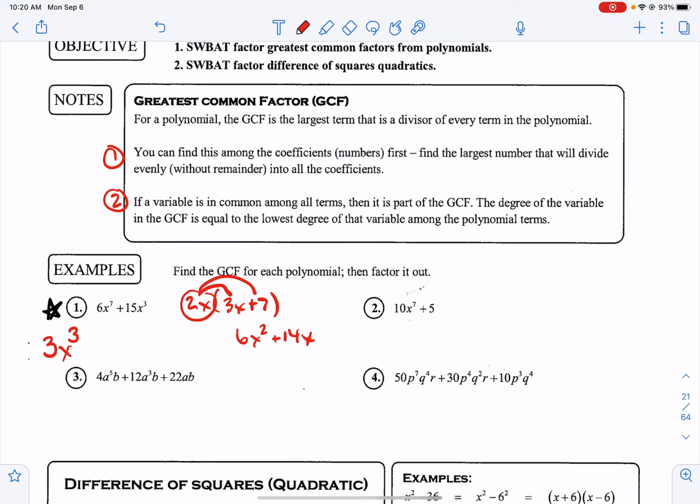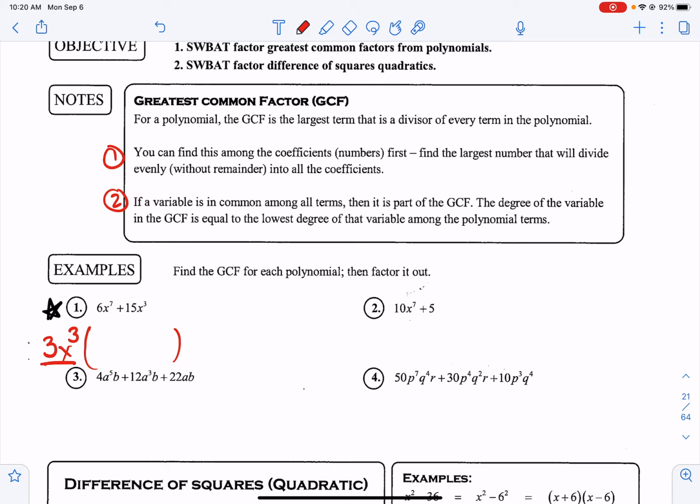Well, now we are starting with the 6x squared plus 14x, and we are trying to go backwards. We are trying to undistribute whatever we can. So in this case, we want to undistribute 3x cubed. I want to pull that out and figure out what is left over in my parentheses, okay?